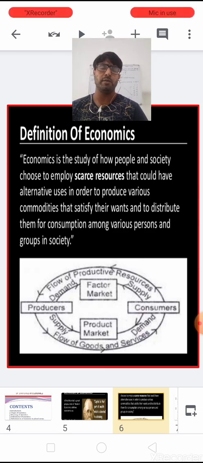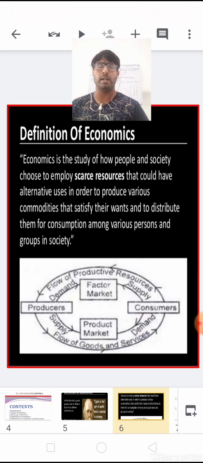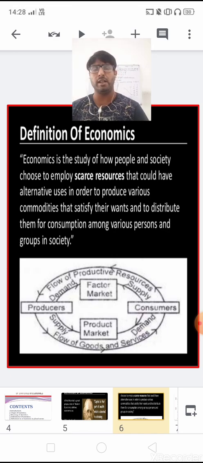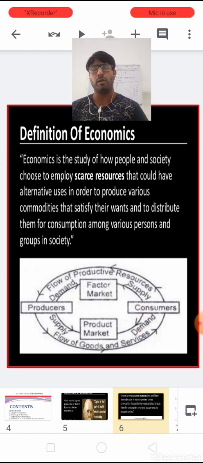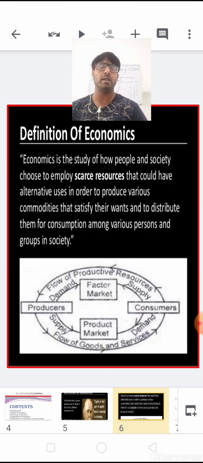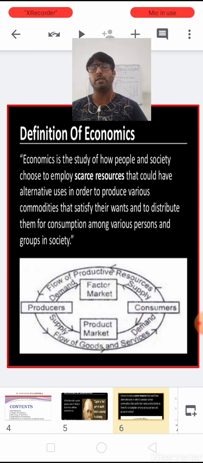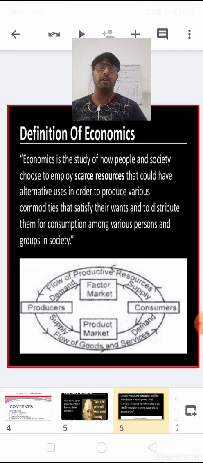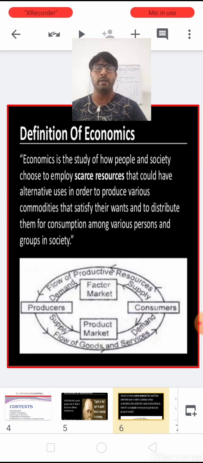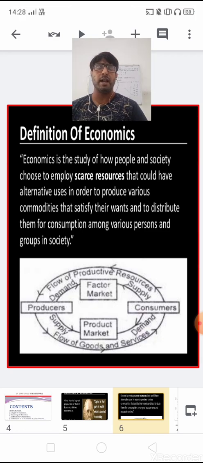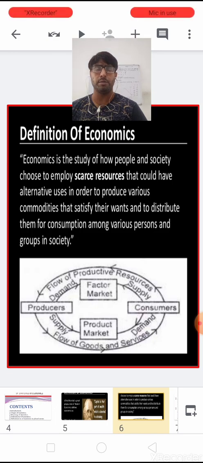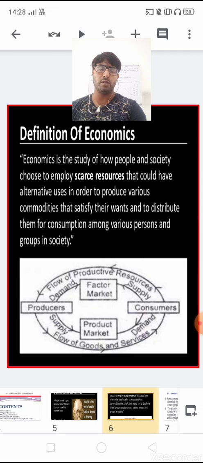So in economics we will learn basically how the society and the people choose to employ the scarce resources, how they are using the scarce resources for the production of various goods and services that have alternative uses in order to satisfy human wants and to distribute them for consumption among various persons and groups in society.